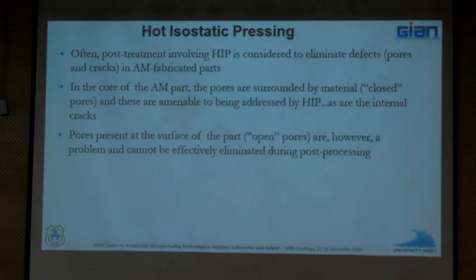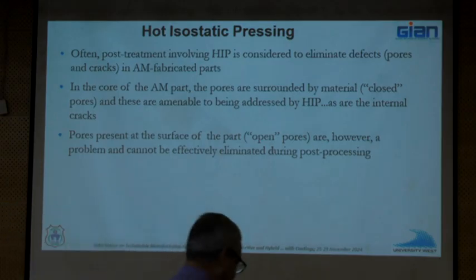So, one of the projects we are dealing with is, can we coat first and then hip, so that the coating itself will serve as an encapsulation and therefore not have open to surface porosities. Unless they are present in the coating, then that doesn't help, right? So, that's one of the things we have been looking at.